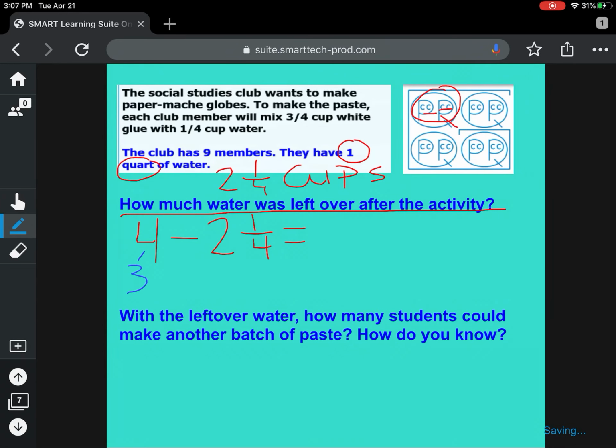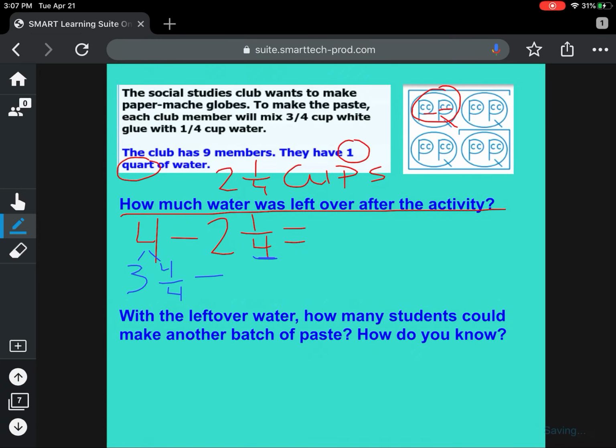We're going to reduce the 4 down to a 3, then we're going to write a fraction that is equivalent to a whole and has the same denominator as our other mixed number. So I'm going to say 4 is equivalent to 3 4/4, because remember, 4/4 is a whole. So that's like saying 3 plus a whole, which would be 4.